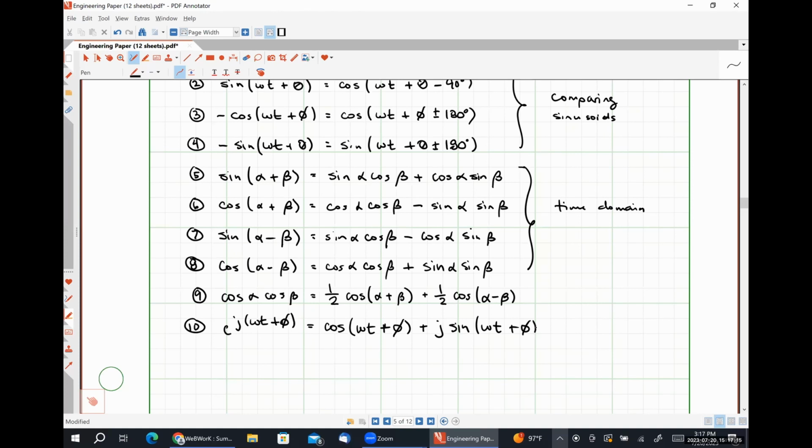This is literally nothing more than the relationship between exponential form complex numbers and rectangular form complex numbers that we developed at the very beginning of this class, just in a more formal statement.